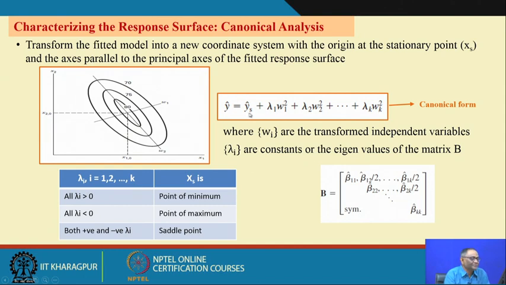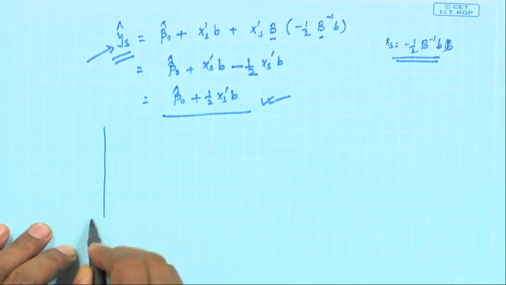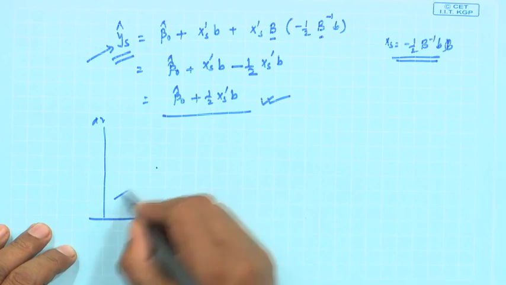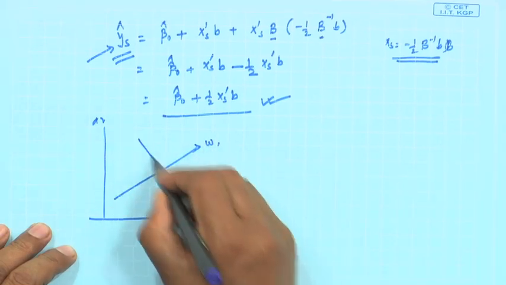Predicted response at the stationary point plus lambda 1 w1 square, lambda 2 w2 square, lambda k wk square. So, this is a special form, a typical form, which is known as the canonical form. Originally we are at x1 and x2, and my new dimensions are w1 and w2.